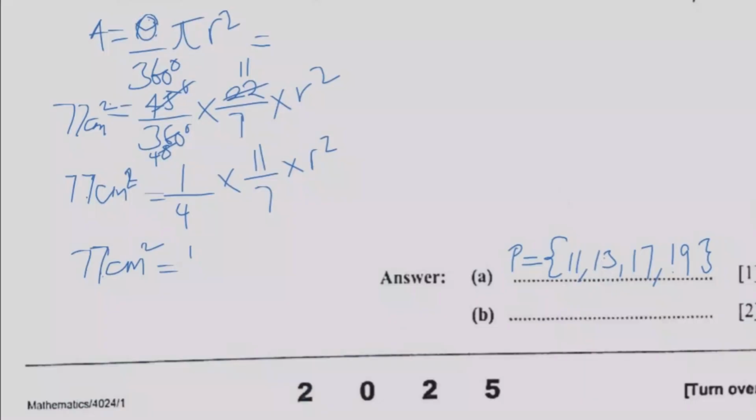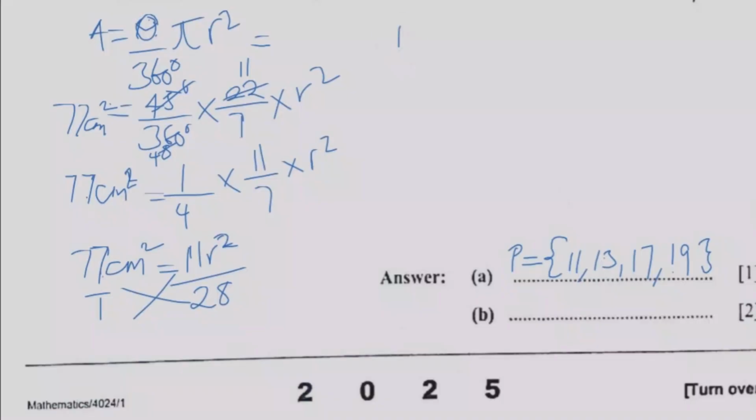So 11 times r squared will give me 11 r squared over 4 times 7, which gives us 28. Now we just say over 1 and cross multiply.